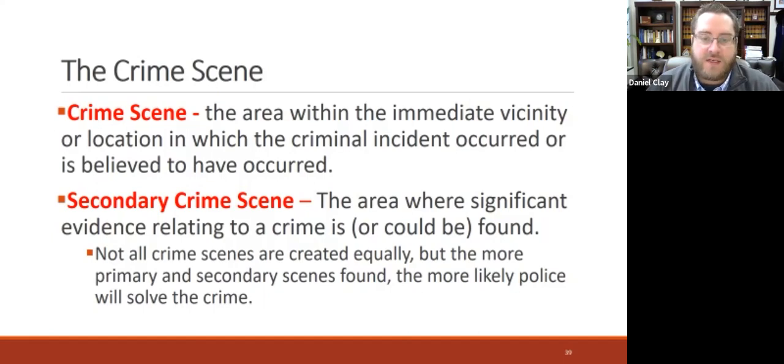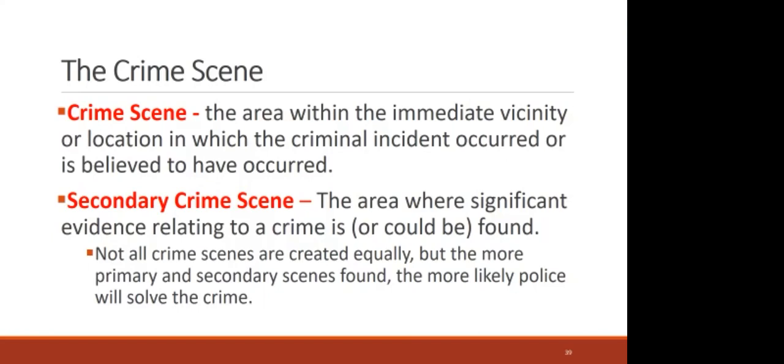Now there are secondary scenes. This is the area where significant evidence relating to a crime is or could be found. We often misclassify things when we think about dump sites, right?